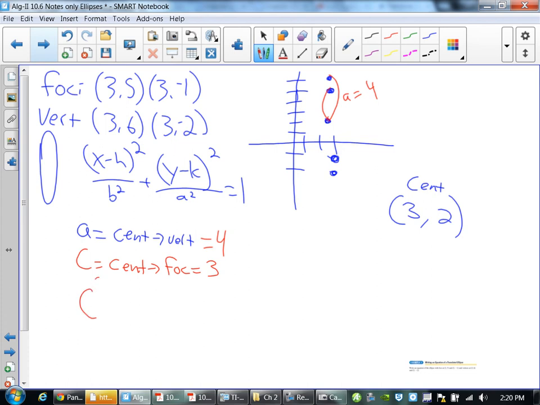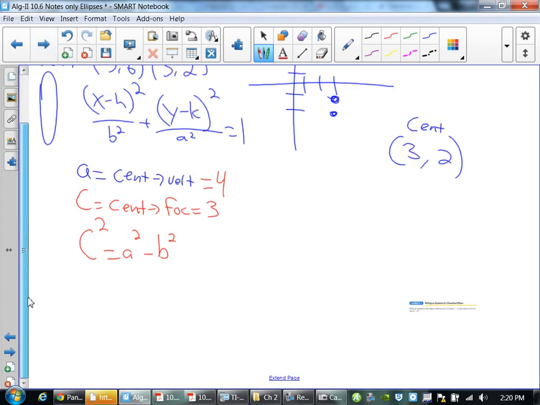So then c squared equals a squared minus b squared. If a is 4, a squared is 16. If c is 3, c squared is 9. So 9 is 16 minus what? 7. So what's your b squared? 7.